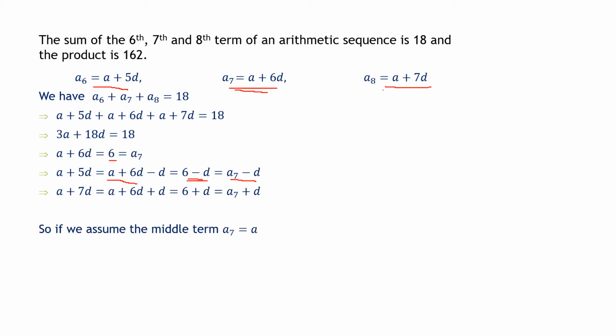Now let us assume the middle term as a. Now this term we are assuming to be a. So this is a new type of sum in which the middle term we assume to be a.